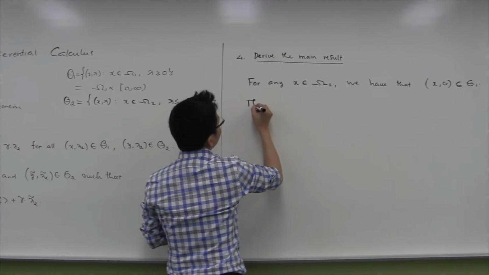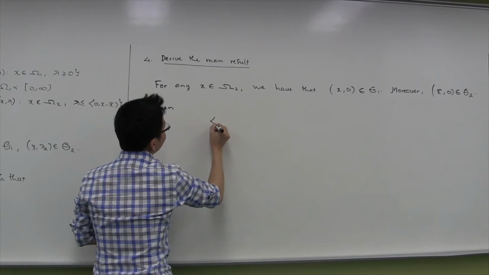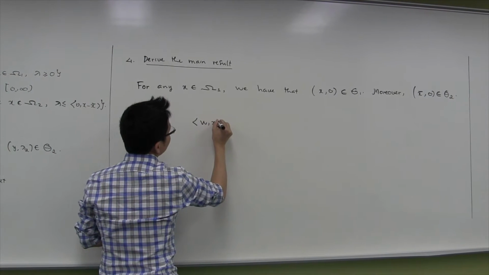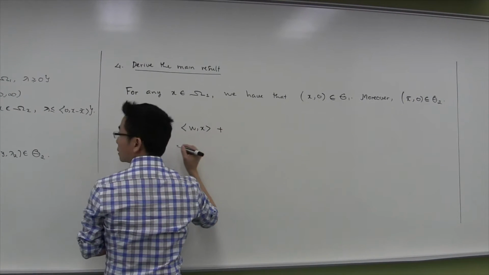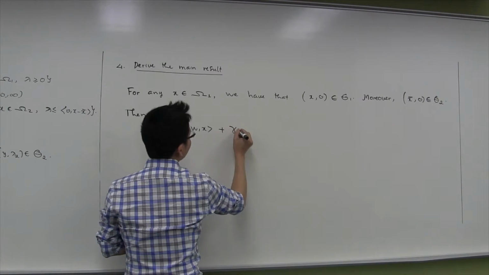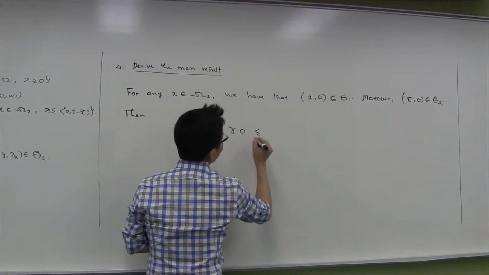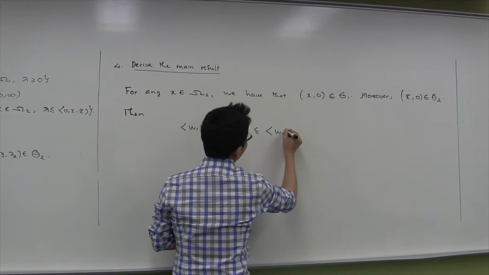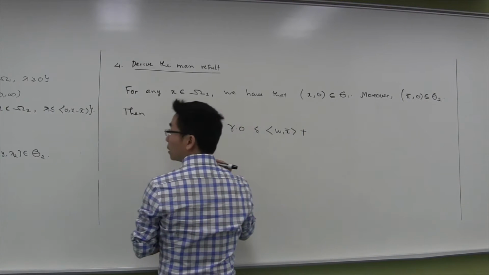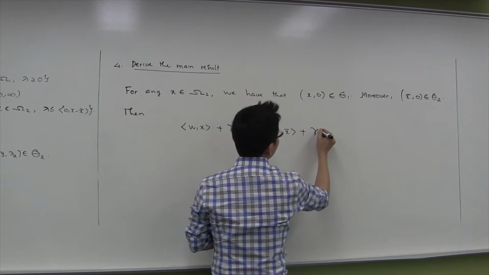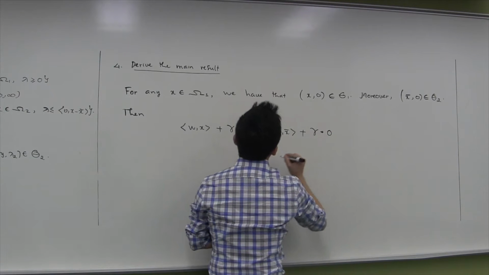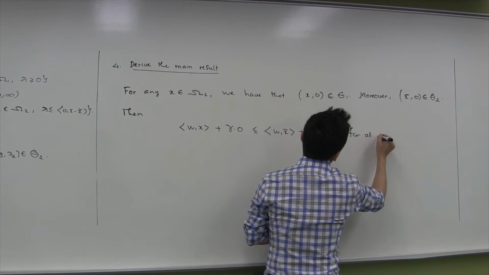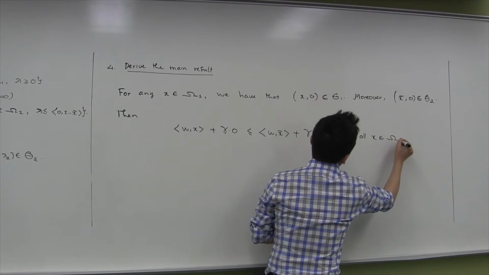Then the inner product of W and X, plus gamma times 0 is less than or equal to the inner product of W and X bar plus gamma times 0. This is true for all X in omega 1.